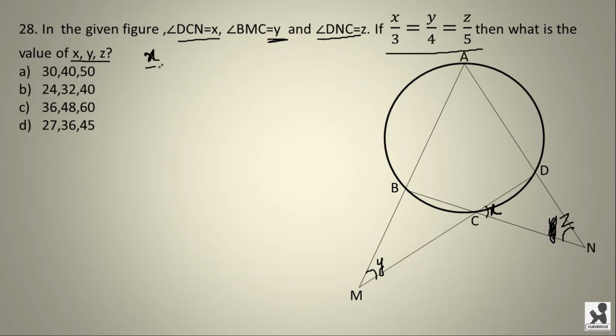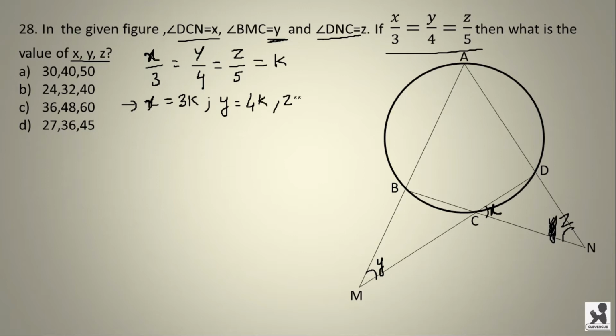Now let us consider x by 3 equals y by 4 equals z by 5. Take these three ratios equal to k. From here we get x equal to 3k, y equal to 4k, and z equal to 5k.